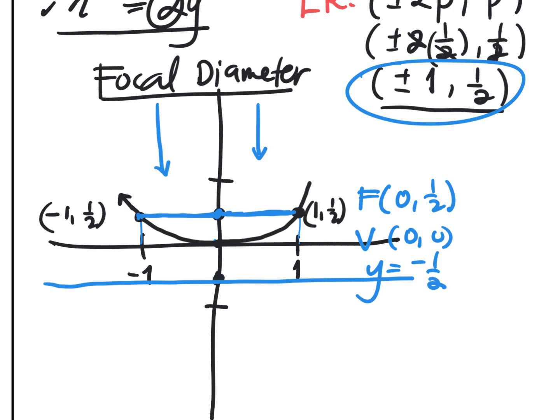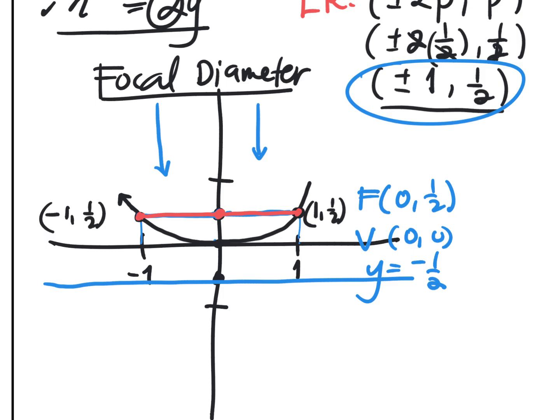For you to understand what a focal diameter is, this is going to be telling you how wide or how narrow is your graph. The focal diameter pertains to the line segment starting from the focus going to the point in the parabola, one on the left side and also one on the right side. That is your focal diameter.